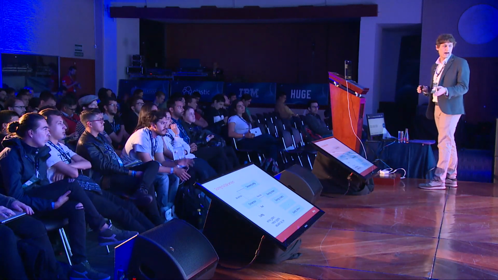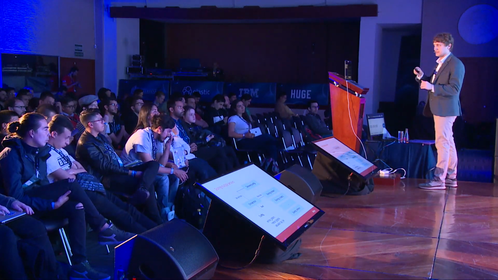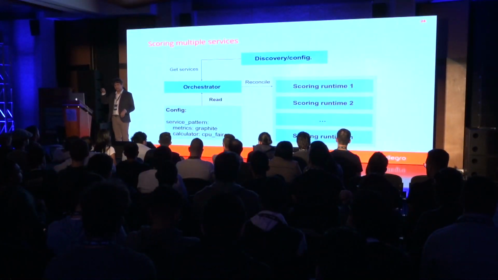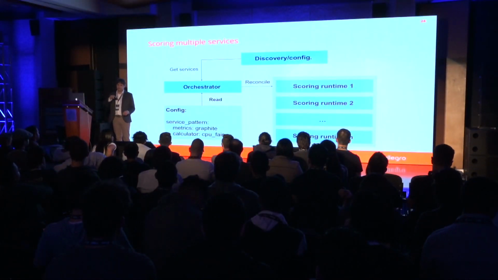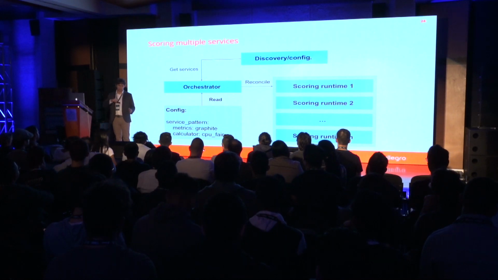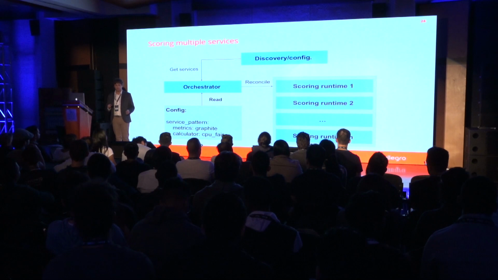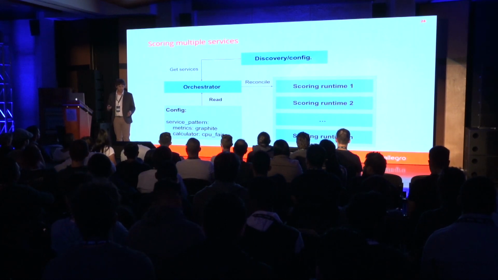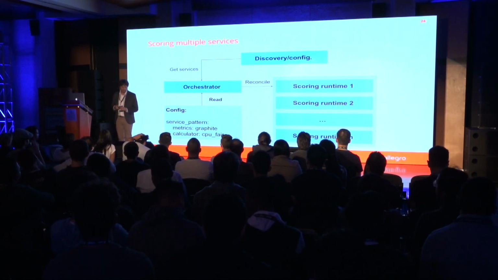So let's say we may have services that match Allegro frontend star, and they use Graphite as MetricWatcher, and they use a calculator that calculates the scores based on the CPU FAIR algorithm. I will explain that algorithm a bit later.